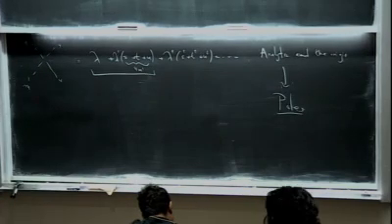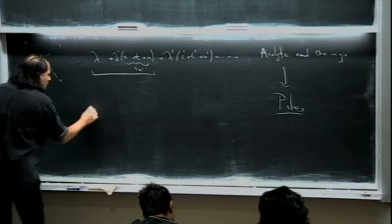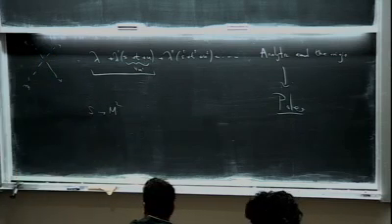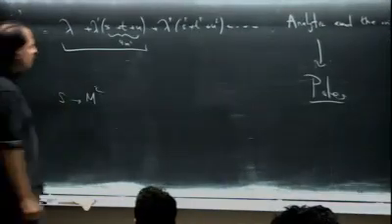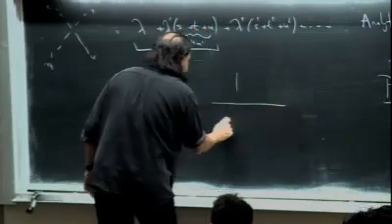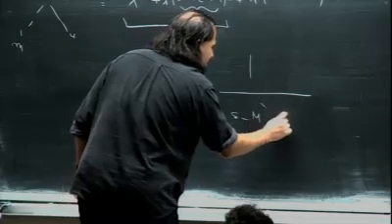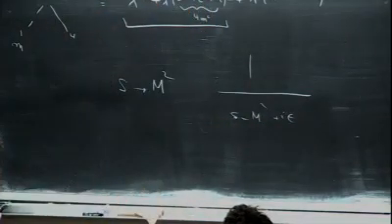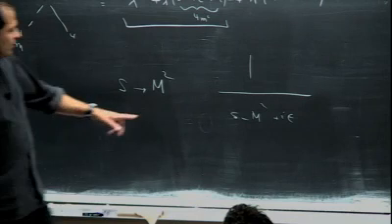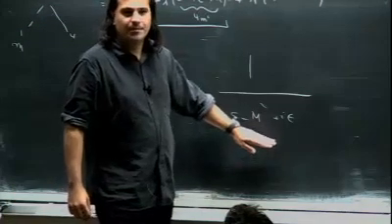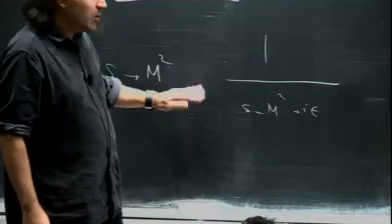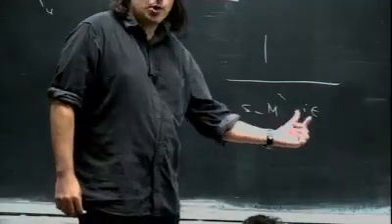But now there's a very important constraint. The very important constraint is that if you have a pole as s goes in the neighborhood of some capital M squared, right? That means that the amplitude in that region looks like 1 over s minus m squared plus i epsilon. Okay? And if you sit right around s equals m squared, this amplitude is real everywhere, but right in the neighborhood of s equals m squared, it acquires an imaginary part.